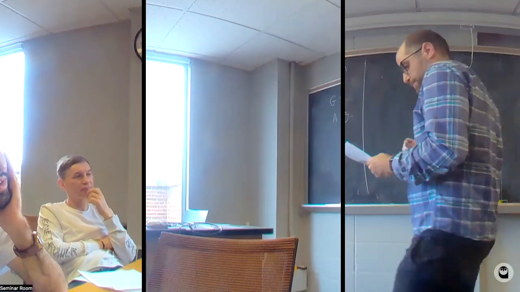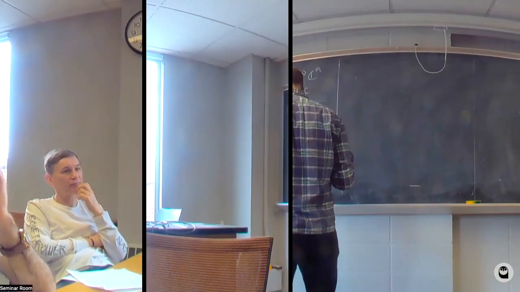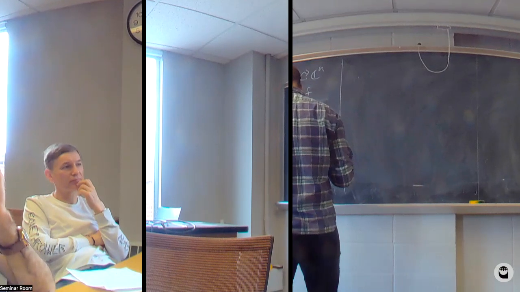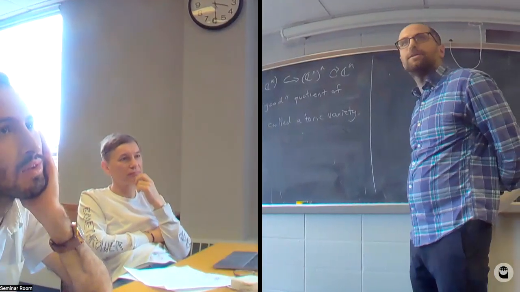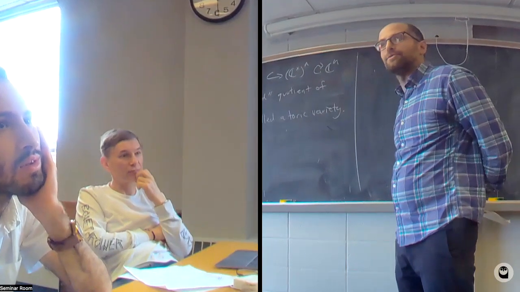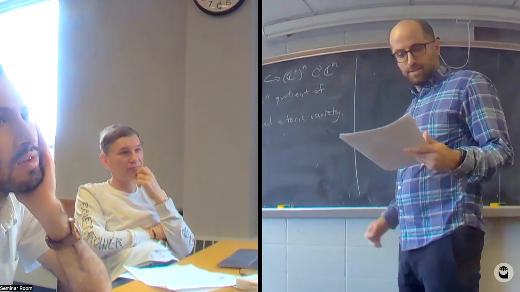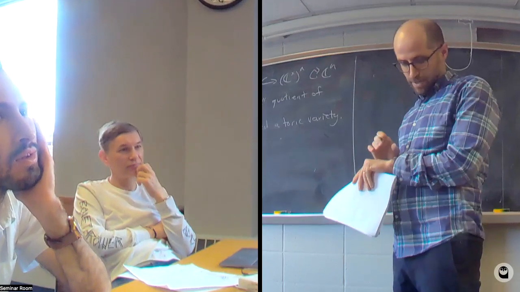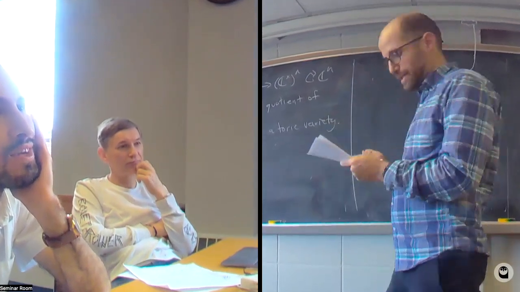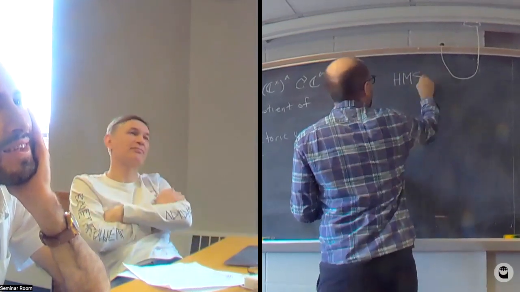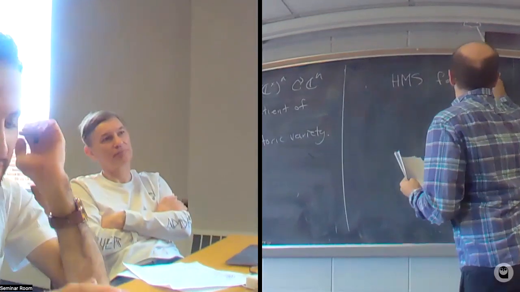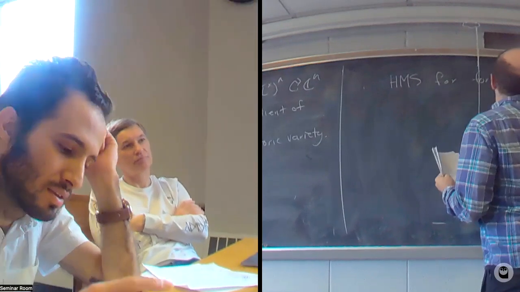So I wanted to comment on how this is related to homological mirror symmetry really quickly for toric varieties. So I'm going to just draw a big diagram in 30 seconds, 15 seconds. Homological mirror symmetry for toric varieties looks like this.